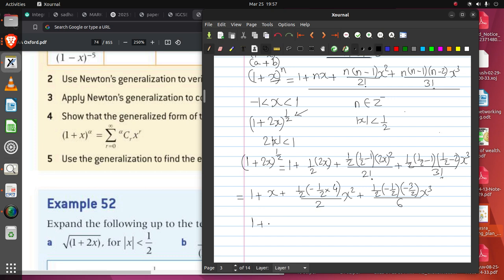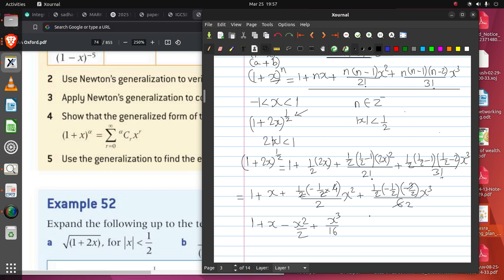So I'm going to get 1 plus x, this 2 and 4 cancels out, I'm going to get minus x square by 2. Then this is 8, 8 sixes are 48, this 3 and 6 will cancel out, there are 4 2's now, 16, minus minus plus, and that's our expansion.